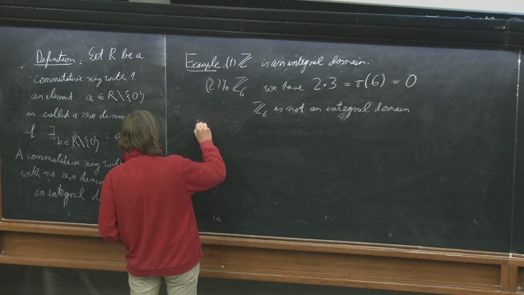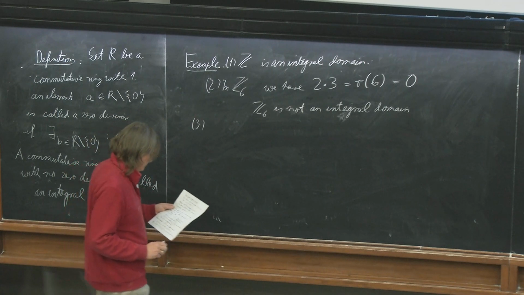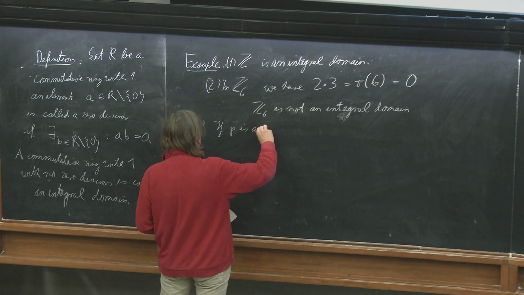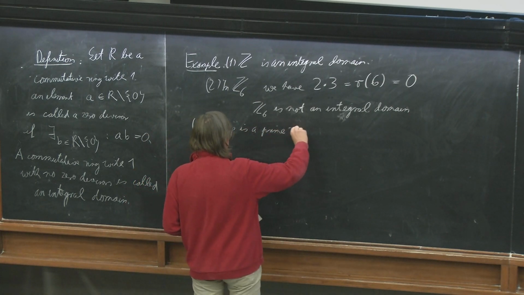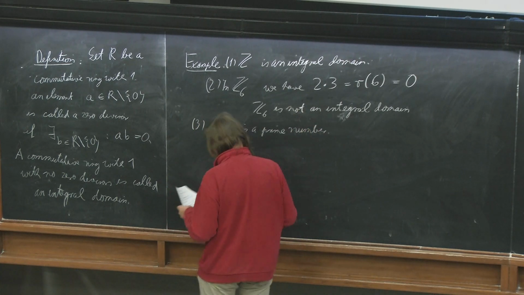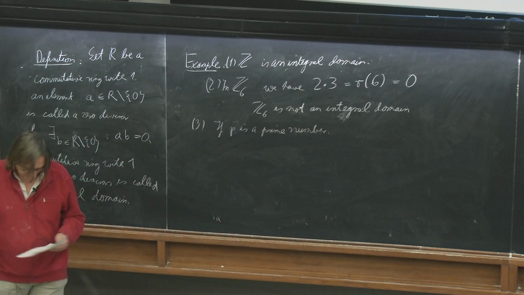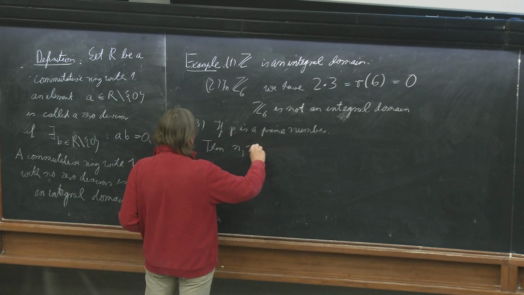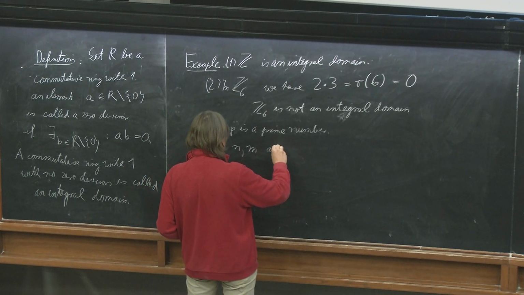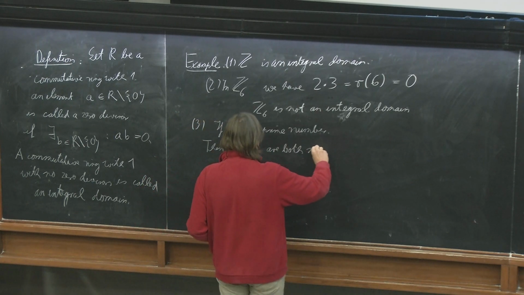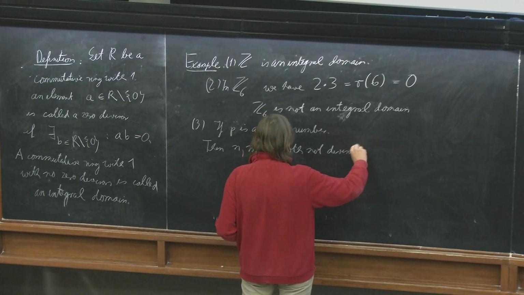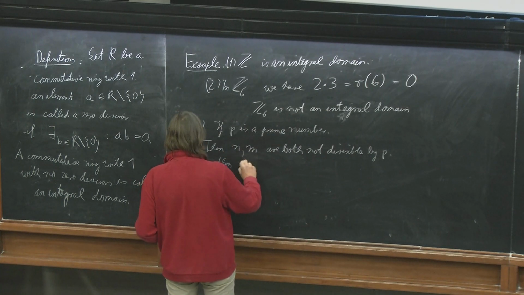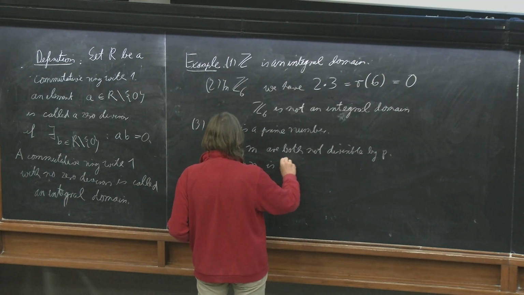And so if p is a prime number, then if n and m are both not divisible by p, then n times m is not divisible by p.